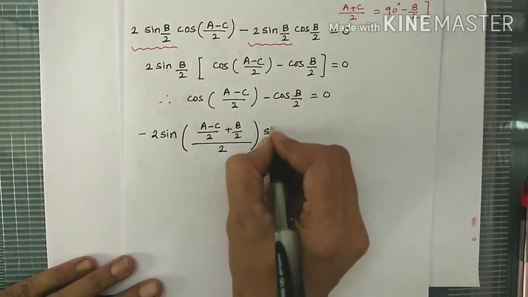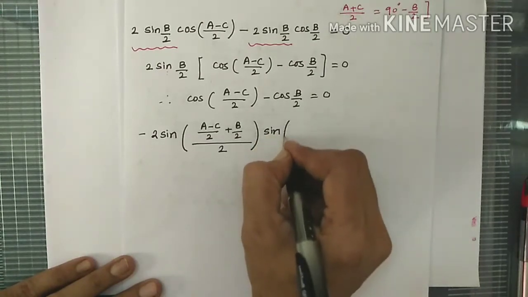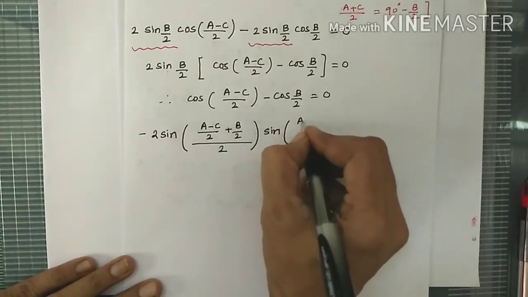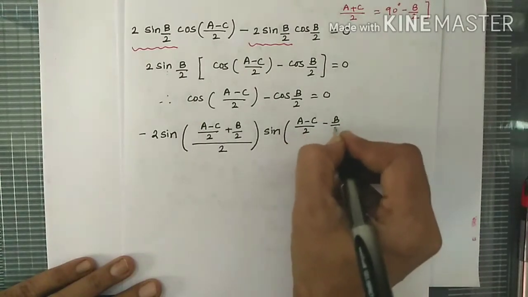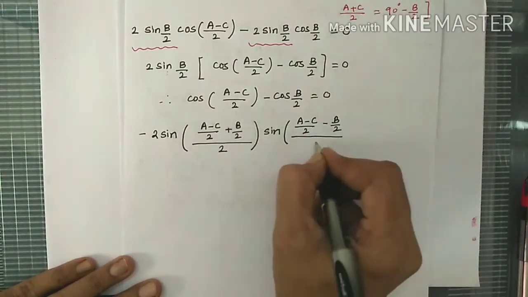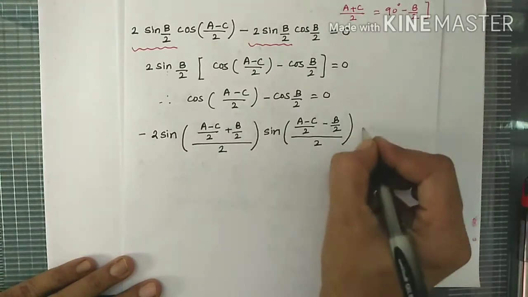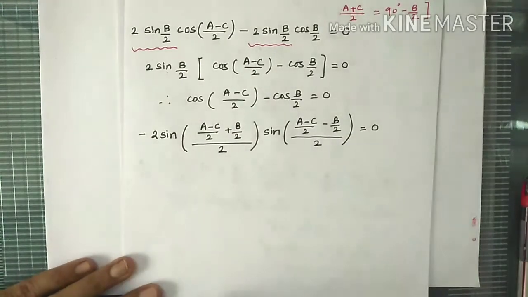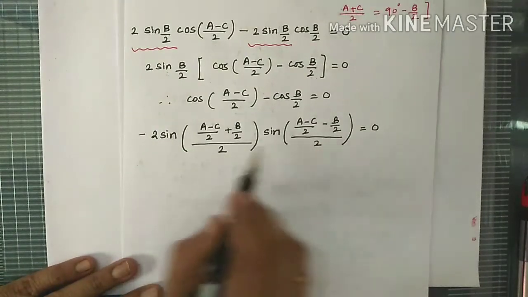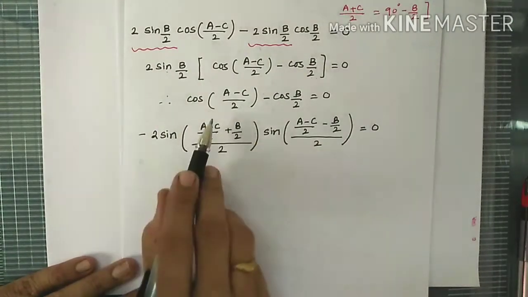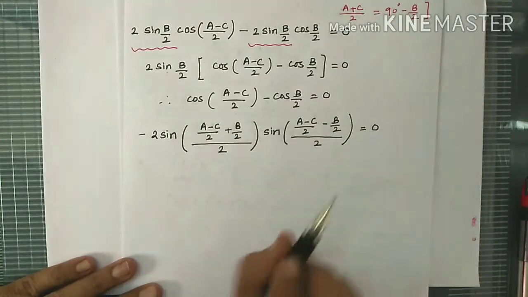Next term is also sin, but now we have the difference of the angles. So the first angle is (A minus C) by 2 minus the second angle, that is B by 2. So this is (C minus D) divided by 2, equals 0. Okay. So both the terms are sin. Now again the product is 0. So either sin of this term is 0 or sin of this term is 0.